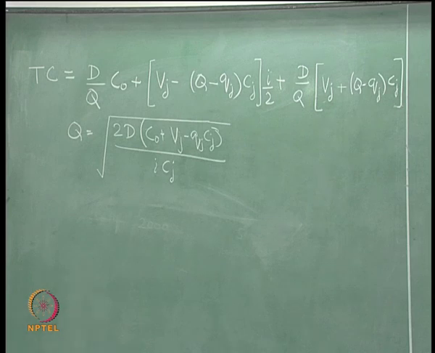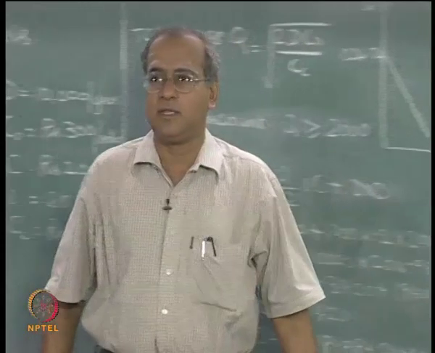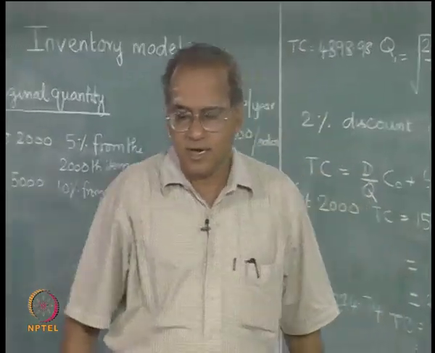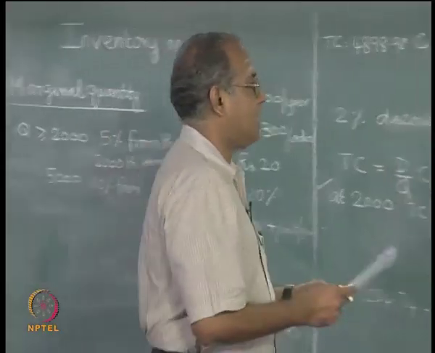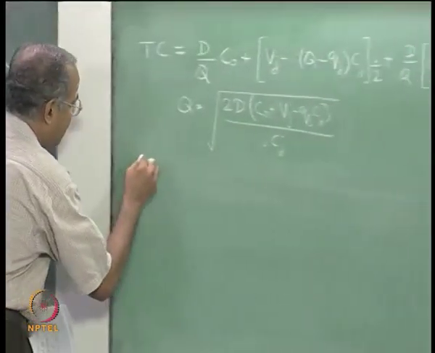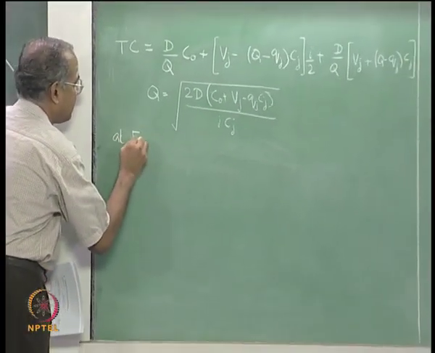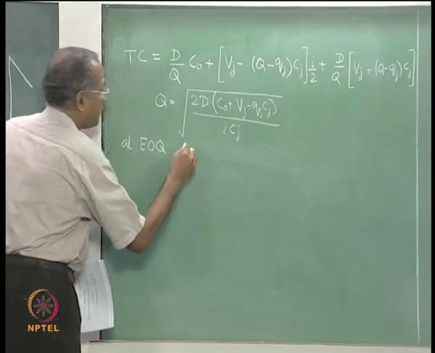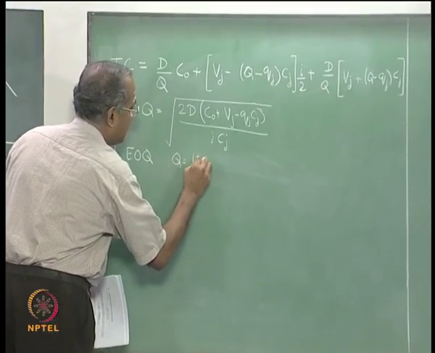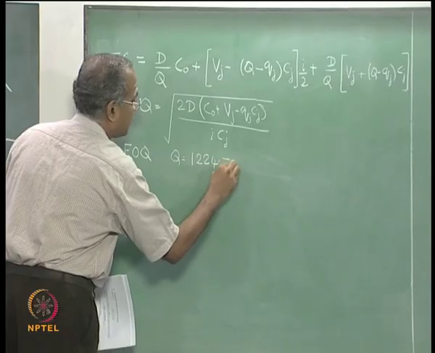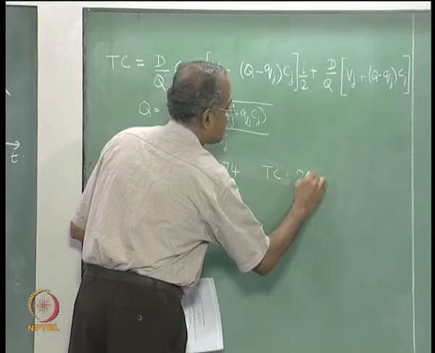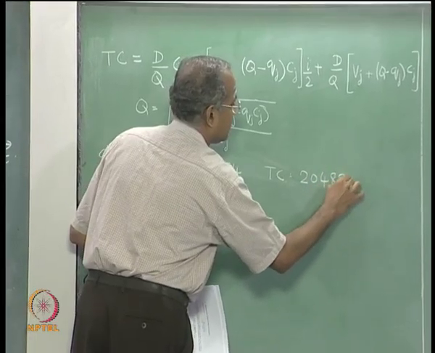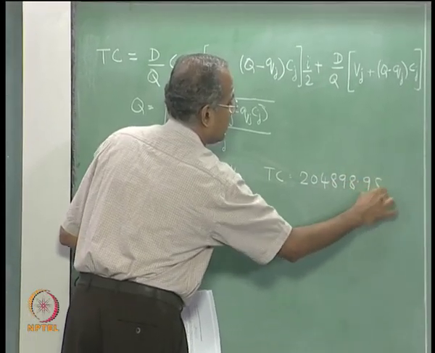So, on differentiation, this would give us the total value for the economic order quantity. Now, let us work out the same problem for the marginal discount. The first one is at the economic order quantity, at EOQ, Q is equal to 1224.74 and TC will be 204898.98.